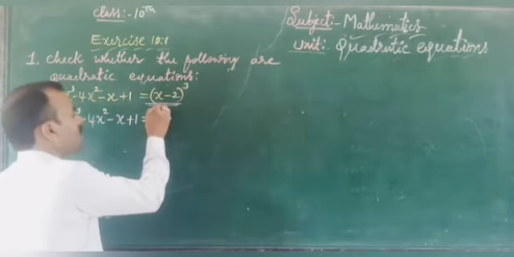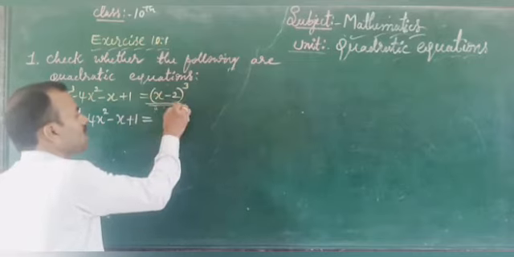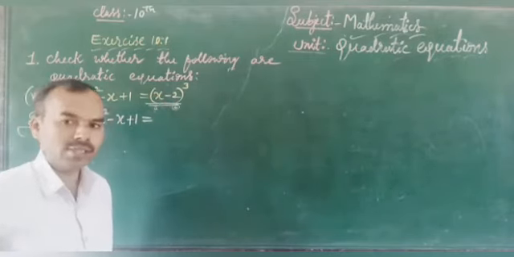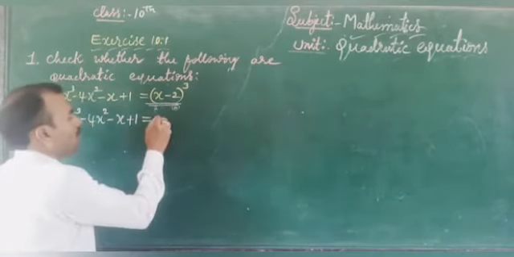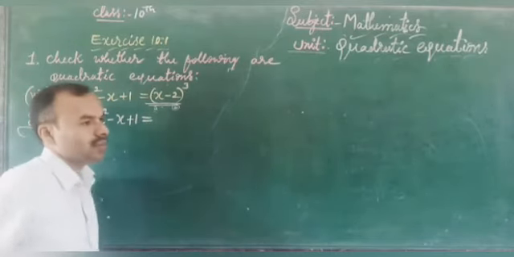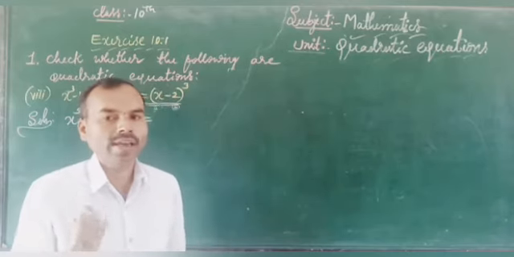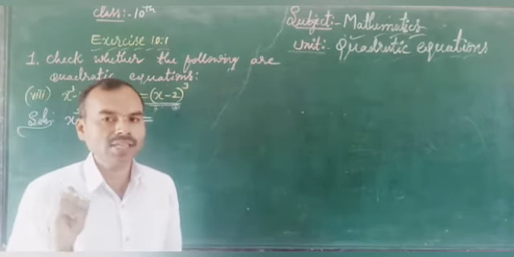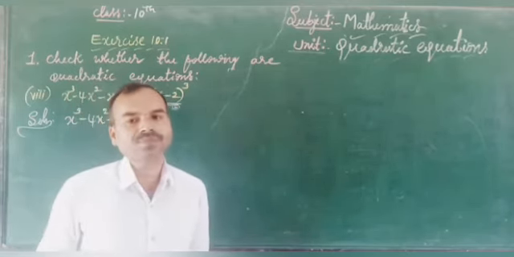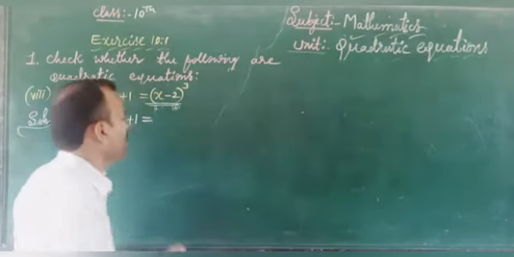In the place of a there is x and in the place of b there is 2. So write the identity, repeat once again, x minus 2 whole cube or a minus b whole cube is a cube minus b cube minus 3ab into a minus b.